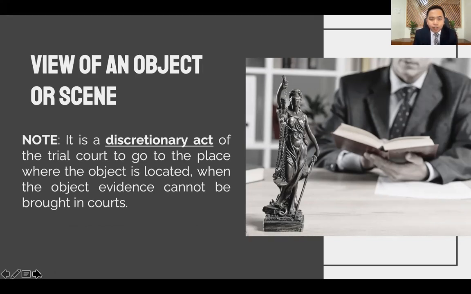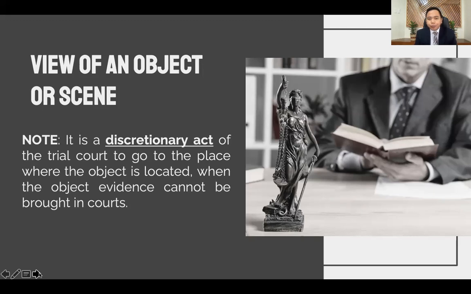Take note that it is a mere discretionary act of the trial court to go to the place where the object is located when the object evidence cannot be brought in courts.